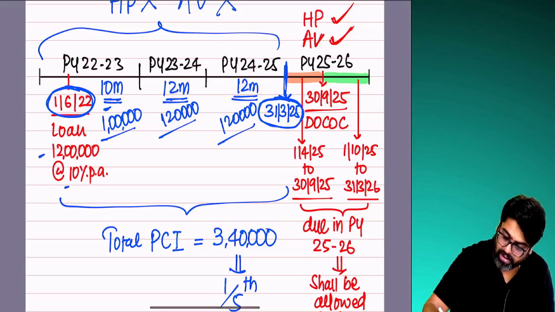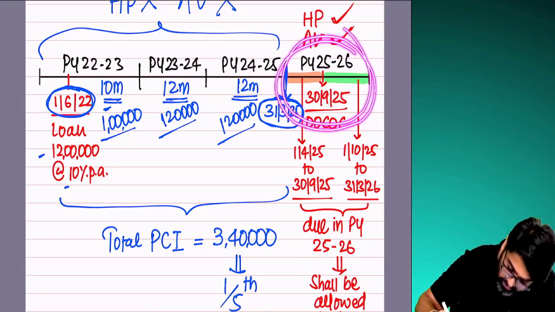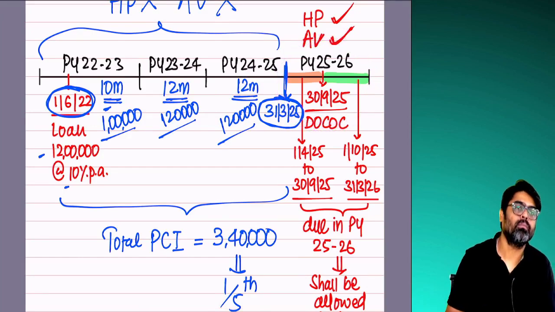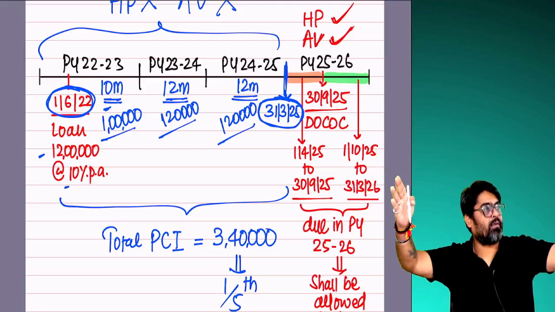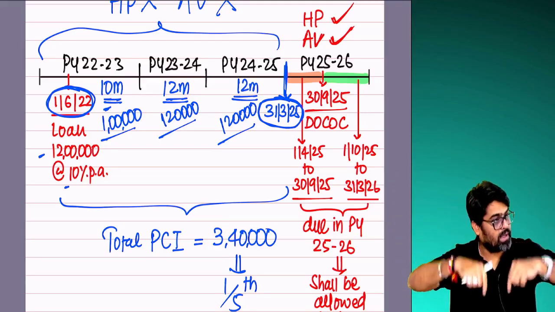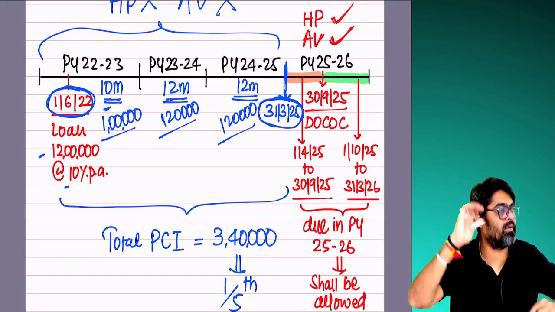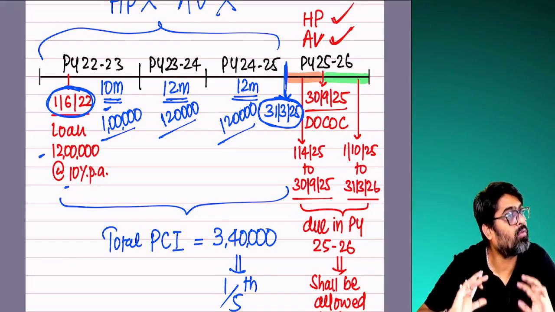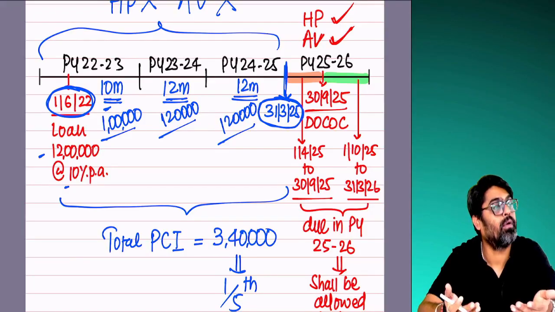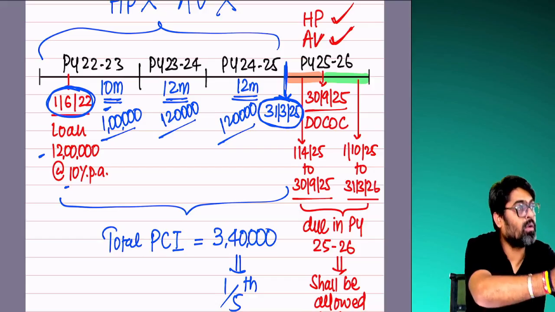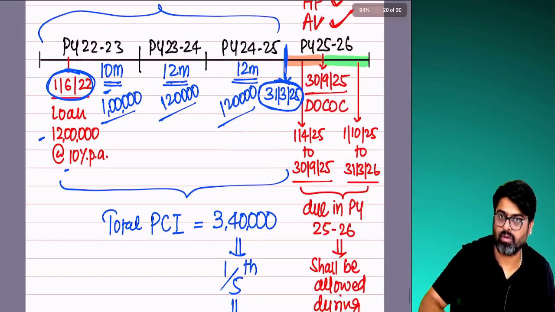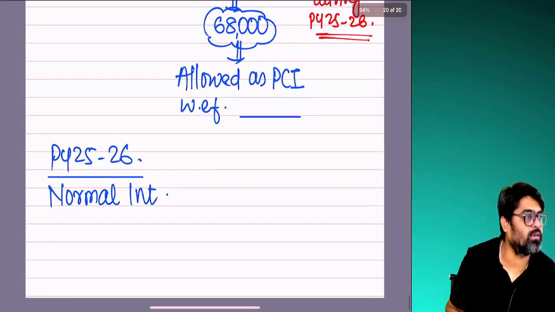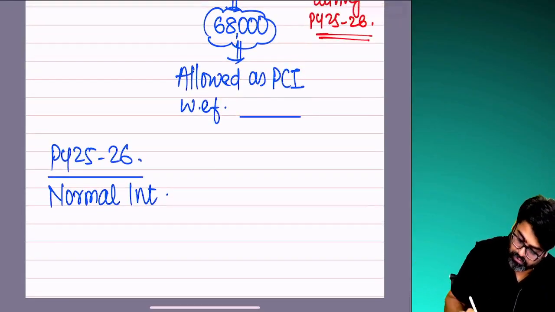So can I say you have not repaid any amount in 25-26 also? So 12 lakh rupees of loan is outstanding for the entire 25-26. So on that 12 lakh, you will have to give the interest in 25-26 also, no? So what interest are you going to give on the 12 lakh loan for 25-26? 1 lakh 20. That is the normal interest for 25-26. Yes or no? So normal interest you will have to first calculate.